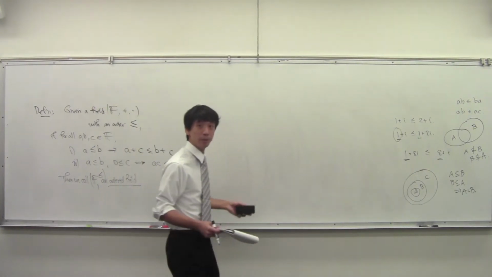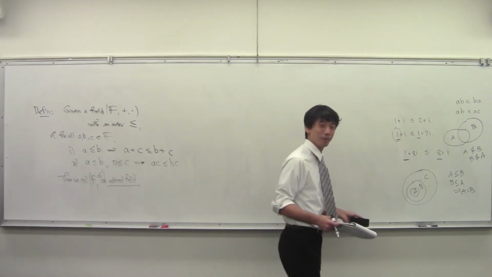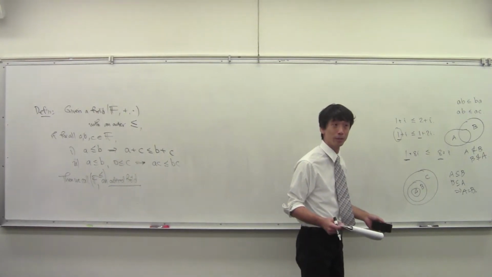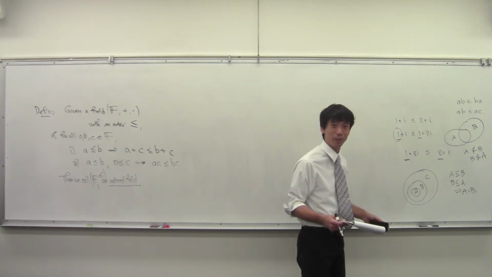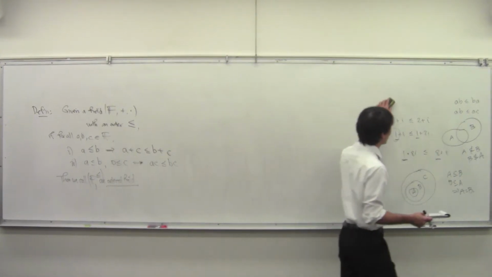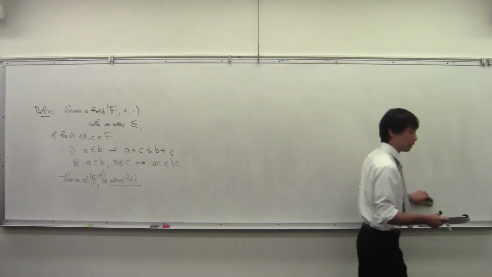C is a field, not an ordered field; C cannot be made into an ordered field. But we can take certain parts and make them an ordered field. I mean, R is included in C, and you can make R an ordered field. But you can't make all of C, the field C, an ordered field.